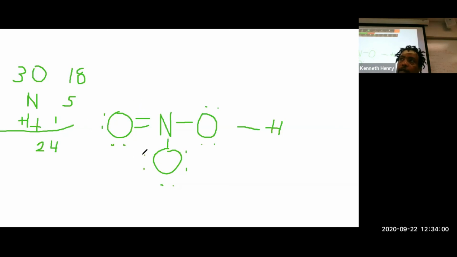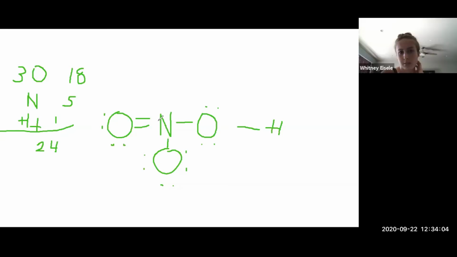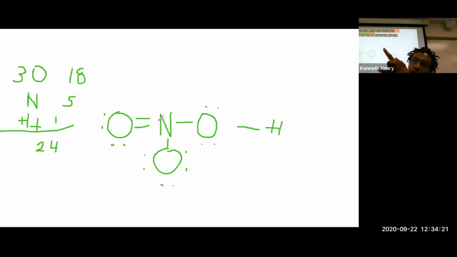Does this one have 8 around it? Because it's bonded, yes. But what about the nitrogen? It used to have 5 and now it has 4. Well, I mean, it has 8, but I don't know what happened to that 5th. Because the nitrogen is sharing 1 electron with the oxygen, and the oxygen is sharing 1 electron with the hydrogen, right?